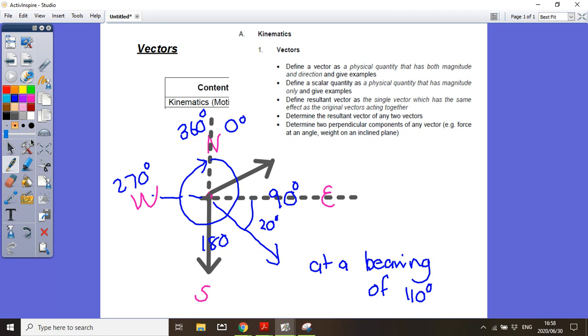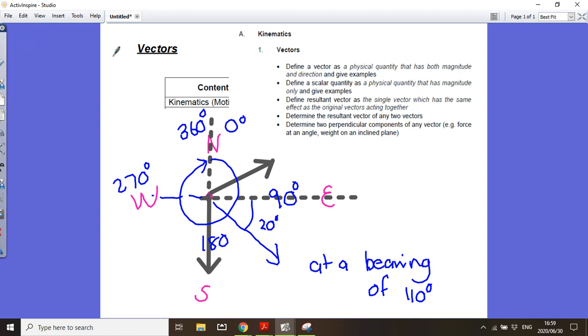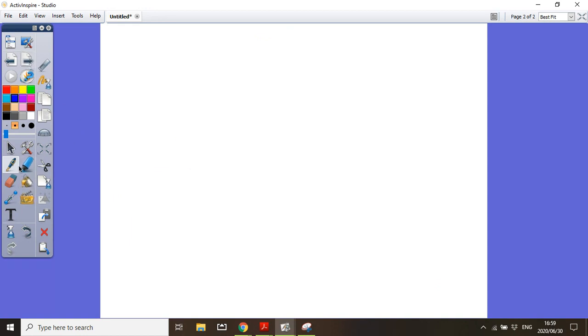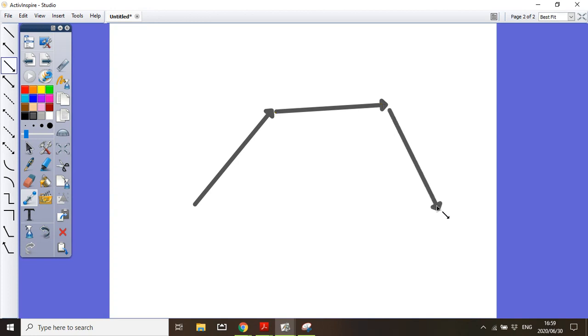Now for a resultant vector. A resultant vector is a vector, according to the definition, that has the same effect as all the other vectors acting together. Now, I can't see them asking you a scale diagram ever, but what you need to know is if I have a vector that goes this way, and then I have a vector that goes this way, and then I have a vector that goes this way.